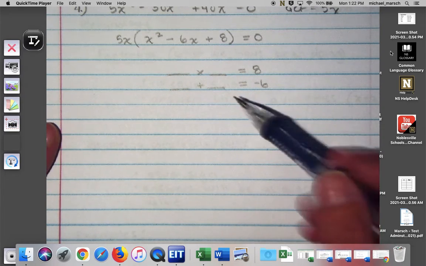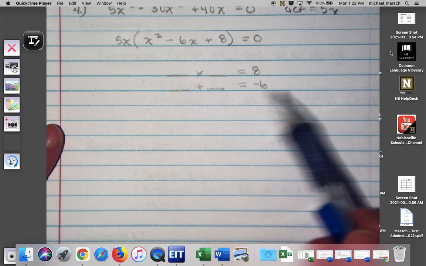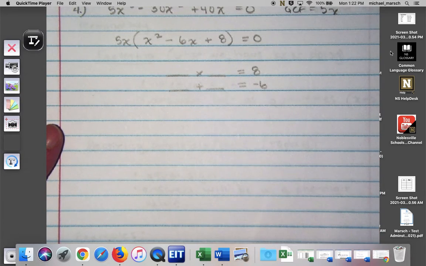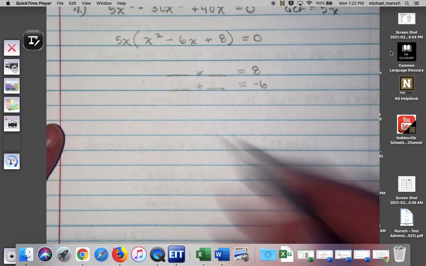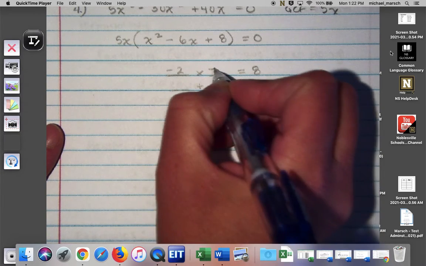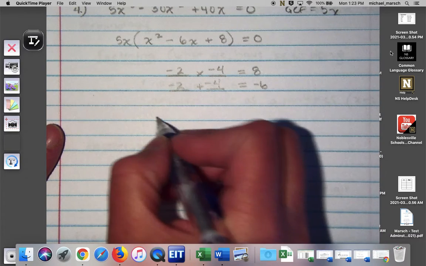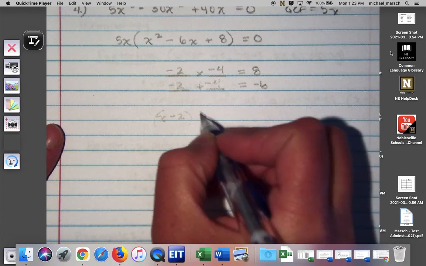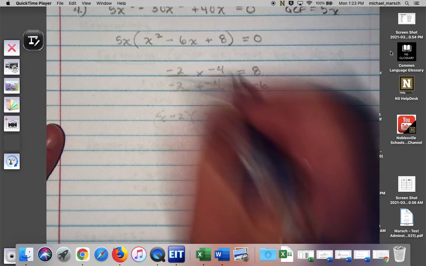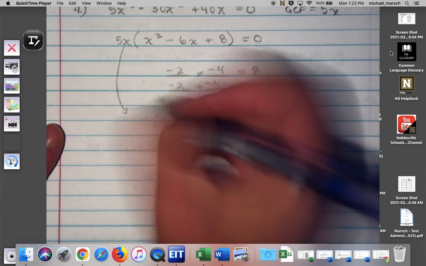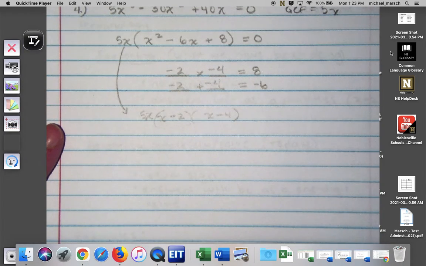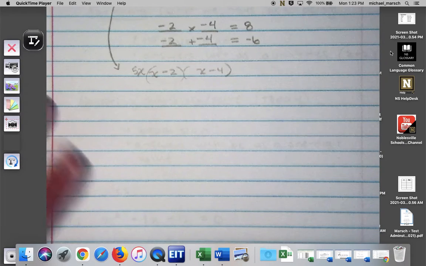Okay, back to our example here. What times what equals 8, and when you add it, you get negative 6? Negative 2, negative 4. So we have x minus 2 times x minus 4. We bring down the 5x. Okay, this is where it gets a little different.